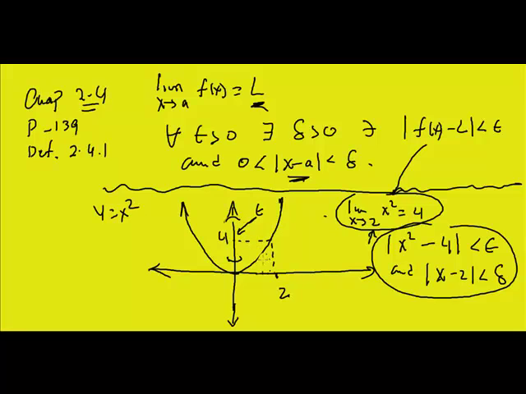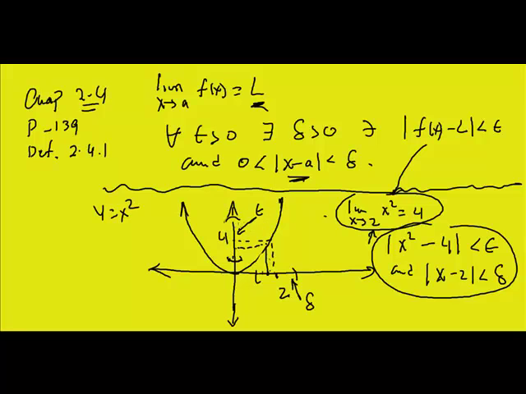If you pick an epsilon neighborhood, I have to be able to find a value within some neighborhood around 2. We call that delta neighborhood. If I take some value in the delta neighborhood, plug it into my equation, my f of x value will fall within your epsilon neighborhood.